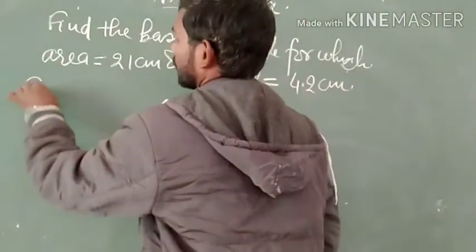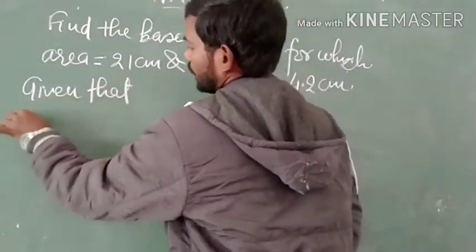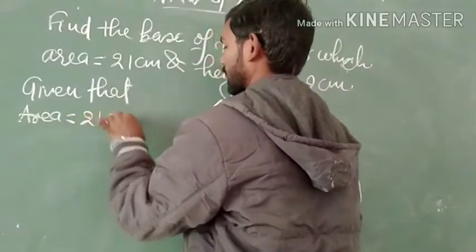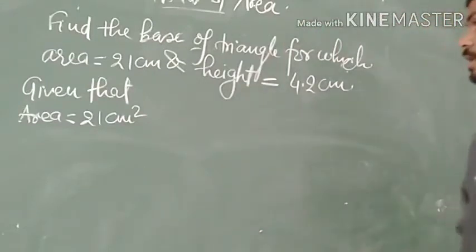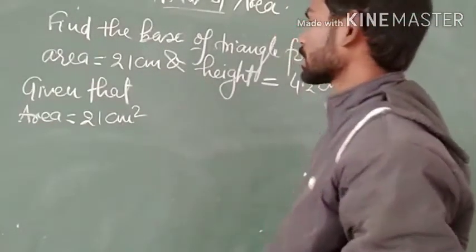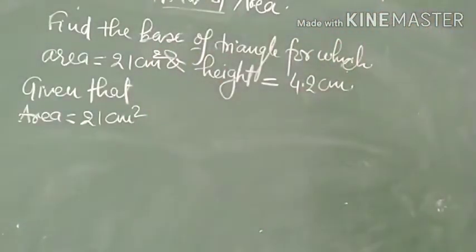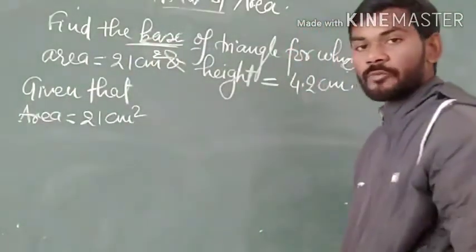Here given that area is equal to 21 centimeters square. The question says that find the base of the triangle for which the area is 21 centimeters square and the height is 4.2 centimeters. Here we have to find the base, that is, area is already given.